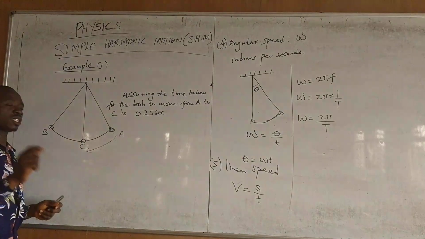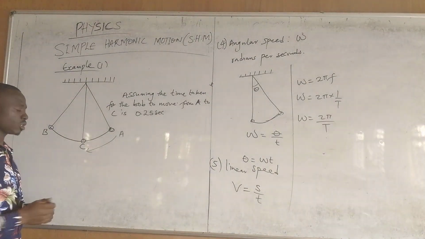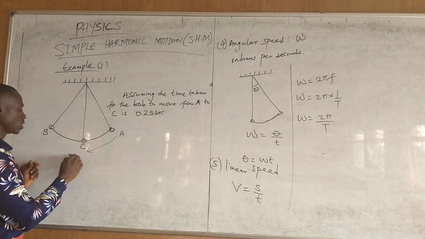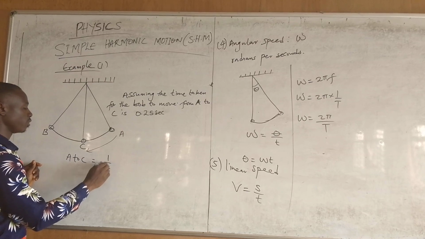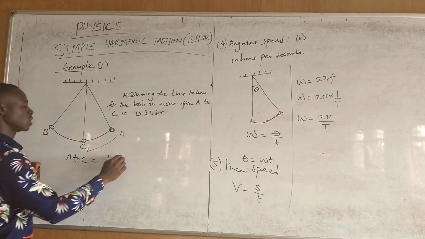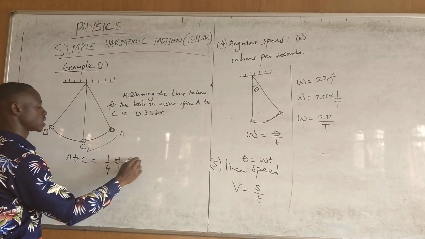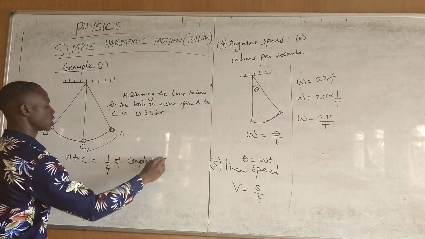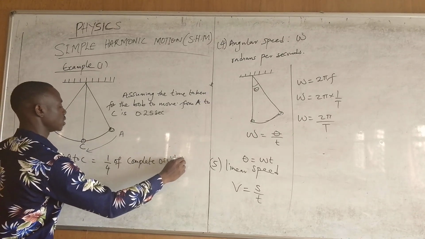So what do we now think from A to C is going to be? From A to C will now be 1/4 of a complete oscillation. I believe you understand what I mean.